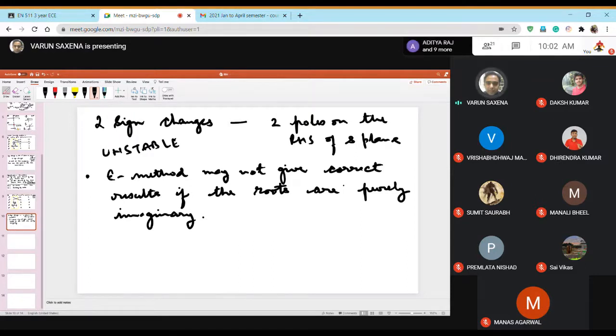So this is an exception, but most of the time it does give you correct roots, even when the roots are imaginary, but at times it may not. Those papers discuss this, and maybe as a mini project this could be looked into in more depth. But not primarily for this class per se. We don't really need to go that deep into the method, but this is going to be a part of one of the mini projects that I give. It's an interesting problem.